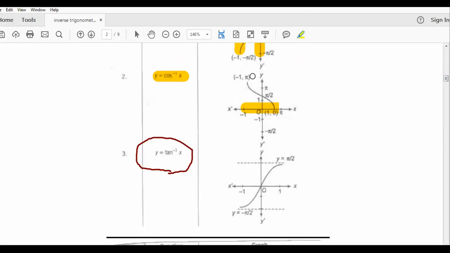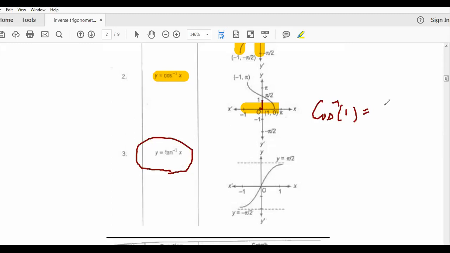Next one, look here. When the value of x is 0, what is the value of y? Because cos inverse 1, what is cos inverse 1?